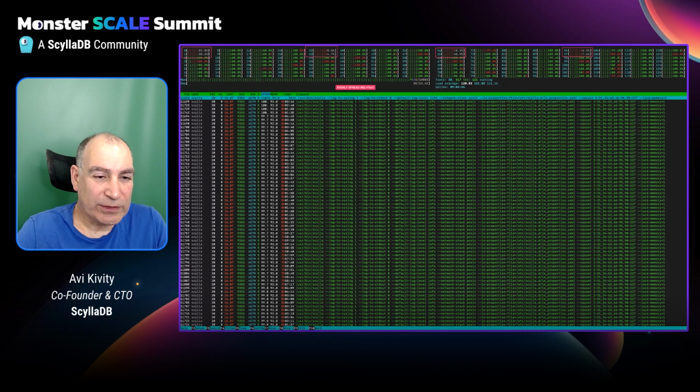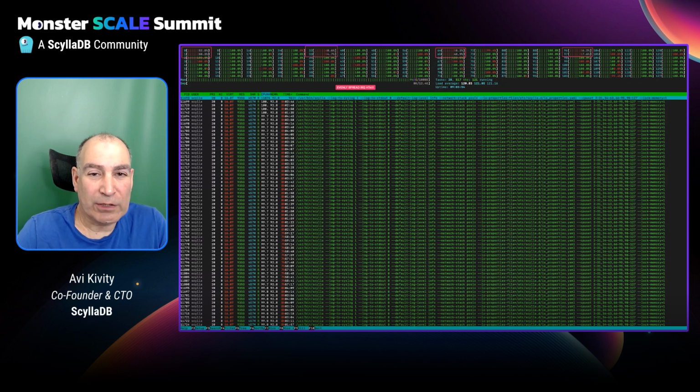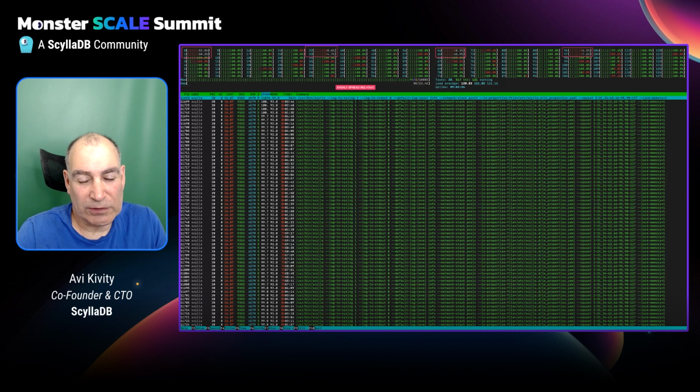You've seen it already in Dor's presentation, but it's a good one, so it's worth looking at again. How you can have a node with around 100 vCPUs, all of them going full tilt. So this is your machine working for you and not just idling by. If you bought the machine, you deserve having it work for you.